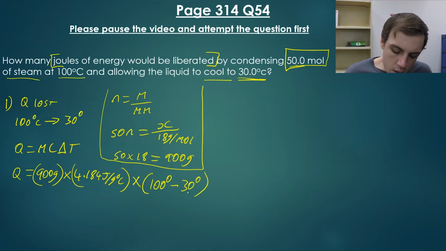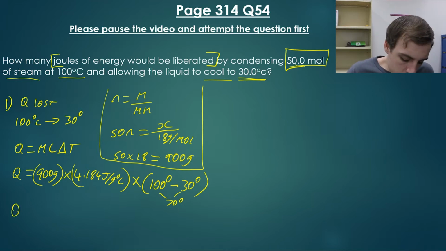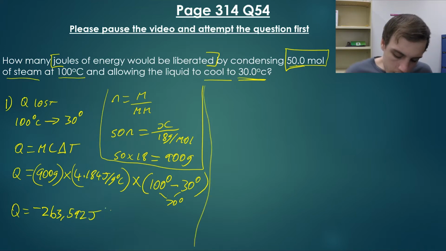So 100 minus 30 degrees gives us 70 degrees, so there's a 70-degree jump, and we just simply multiply all of these together. And that will give us a total heat released of negative 263,592 joules.